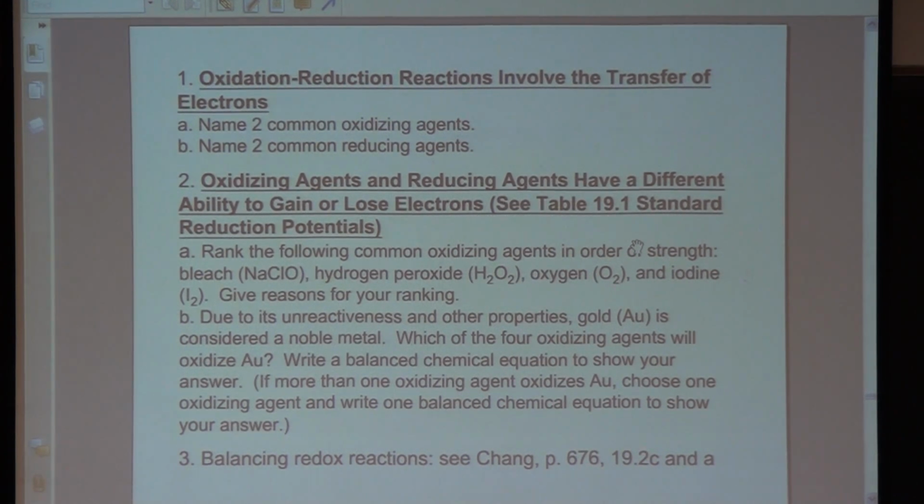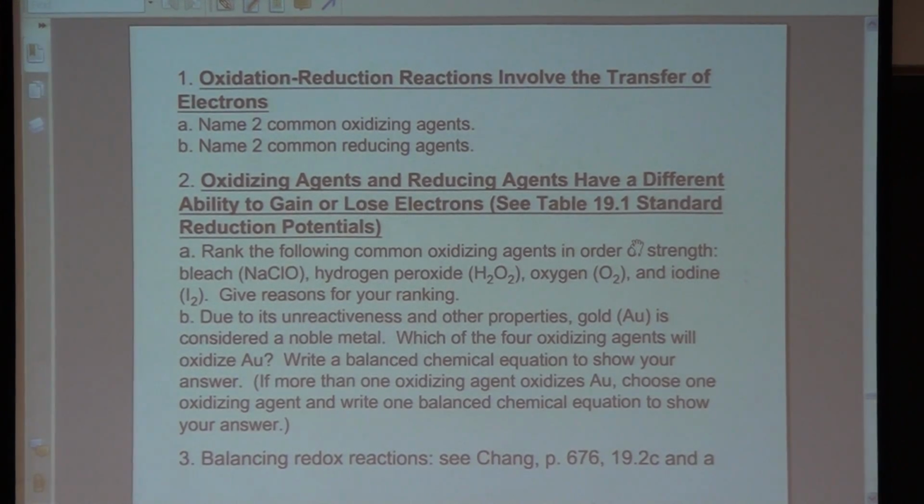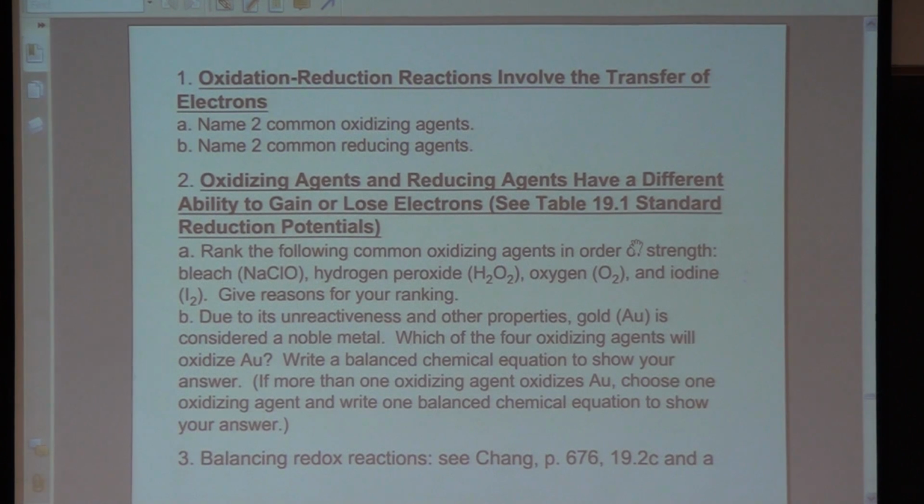Alright, so what are 2 common reducing agents? Okay, so can you name 1 common oxidizing agent?